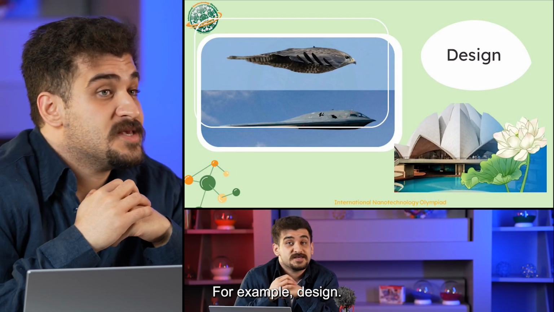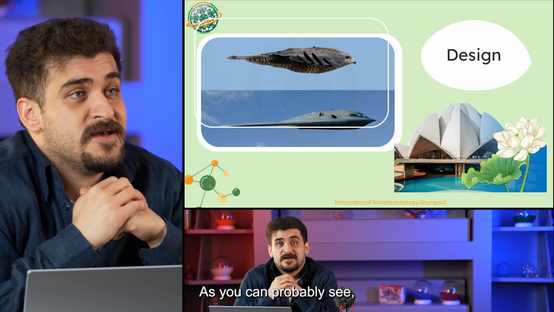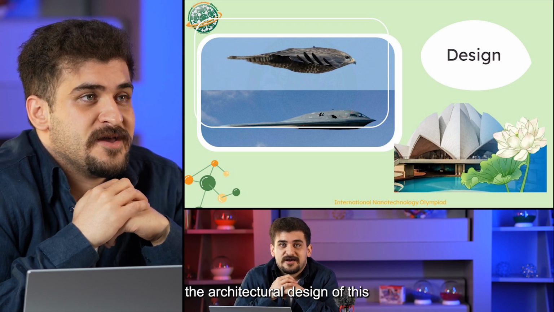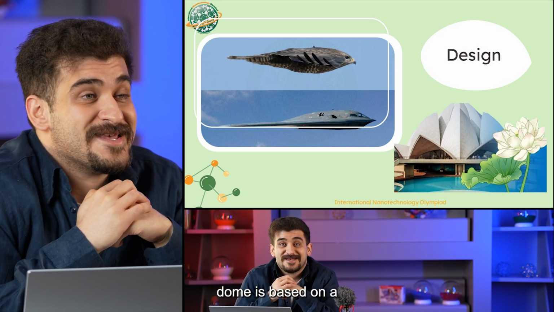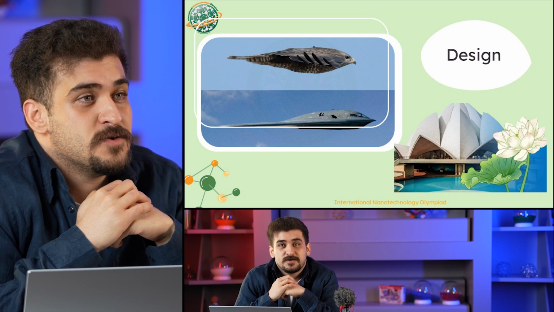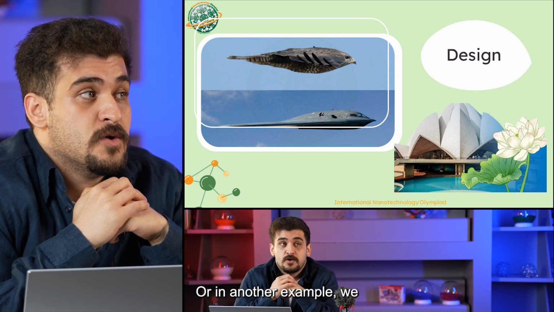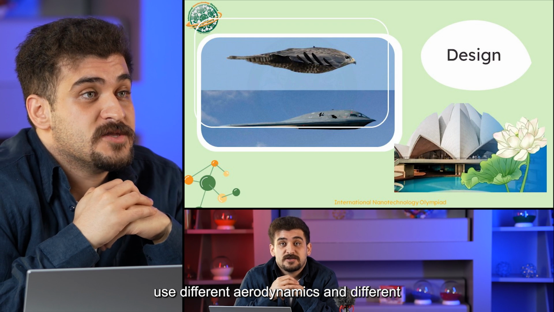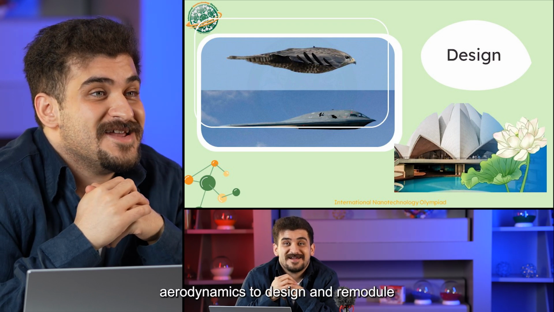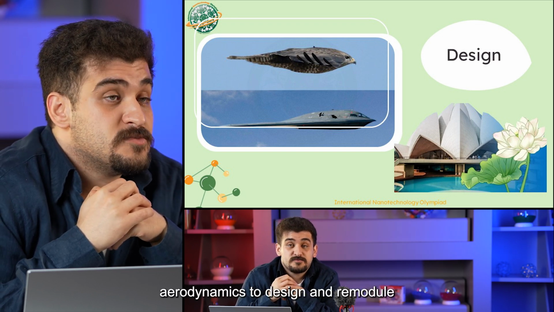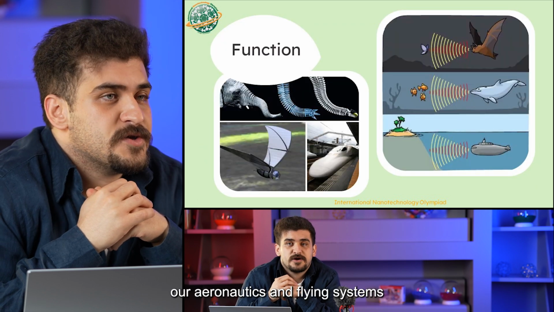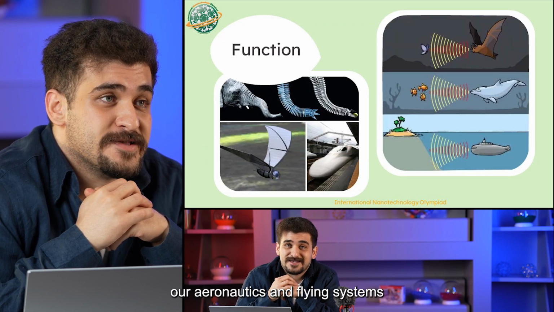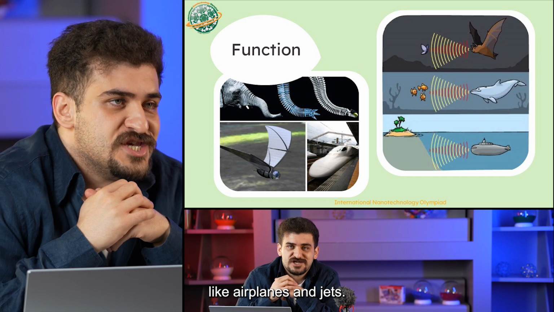There are many terms that could participate in the biomimicry topic. For example, design. As you can probably see, the architectural design of this dome is based on a lotus flower. Or in another example, we use different aerodynamics to design and remodel our aeronautics and flying systems like airplanes and jets.